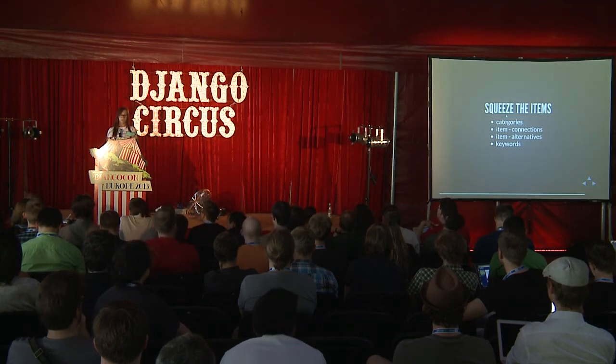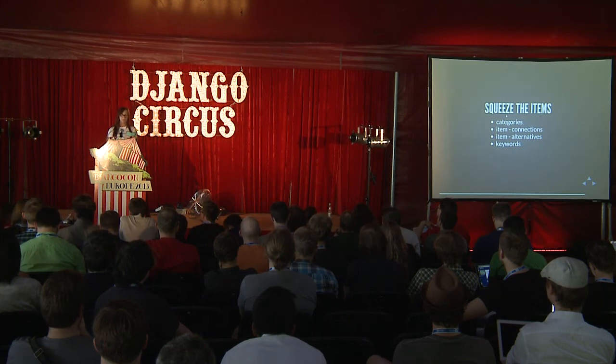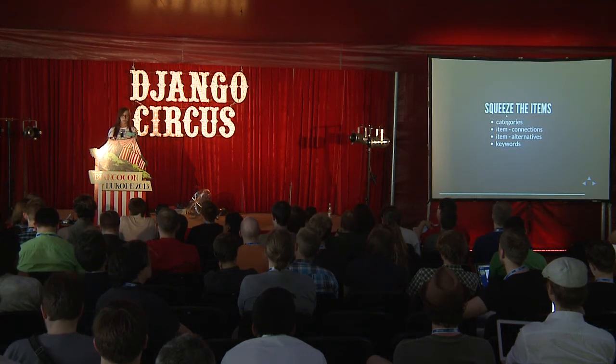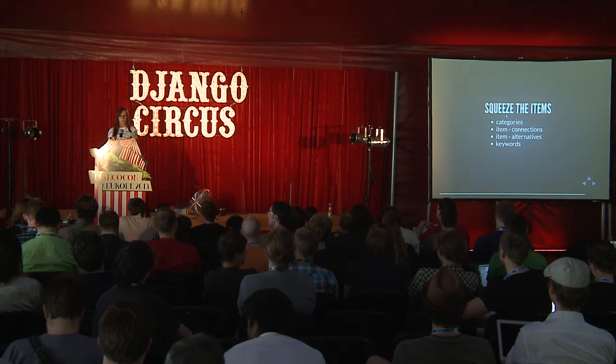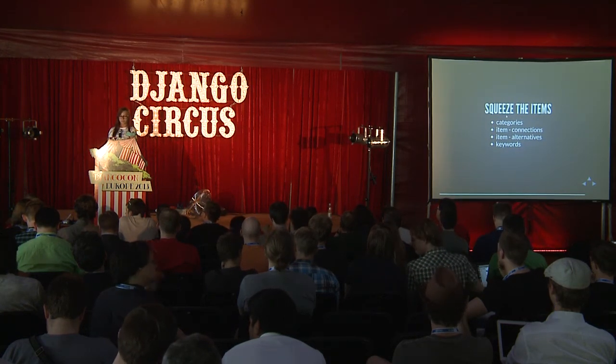For example, if we know that the user has liked a specific category of brakes a lot, we would want to recommend brakes higher than the other elements. Also with the item connections or item alternatives, if you know that a specific item is an alternative to the one that the user has already viewed, you would probably want to show it to the user. Also the keywords.